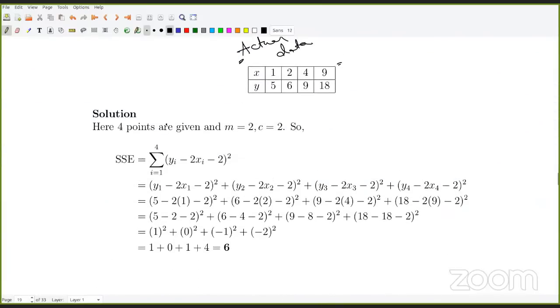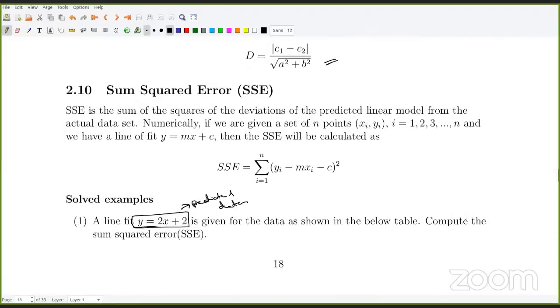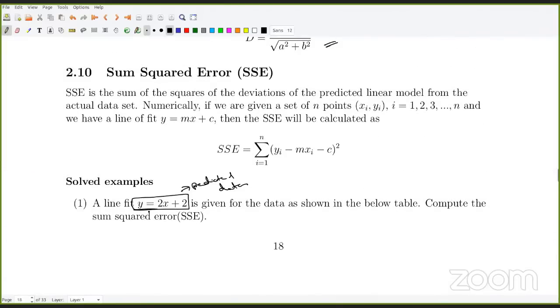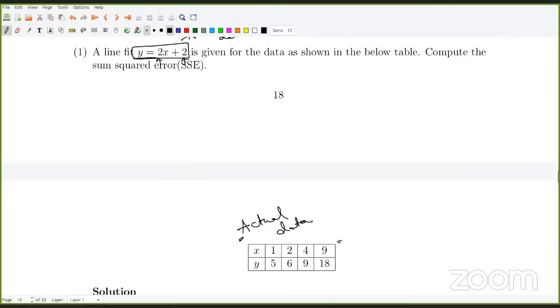So here you see, we have given you the point, the line. We know the slope and the y-intercept. Actually, when x is equal to 1, we get y as 5. But what is predicted when x is equal to 1?